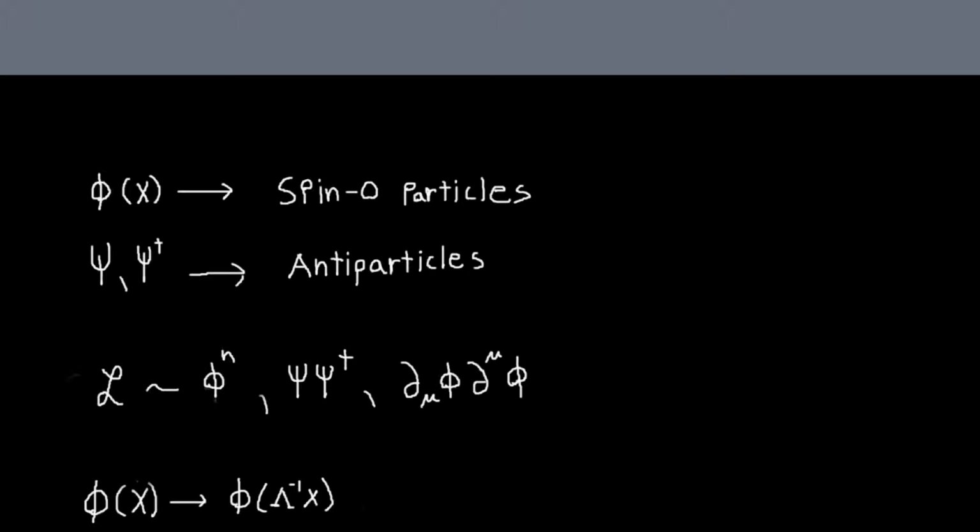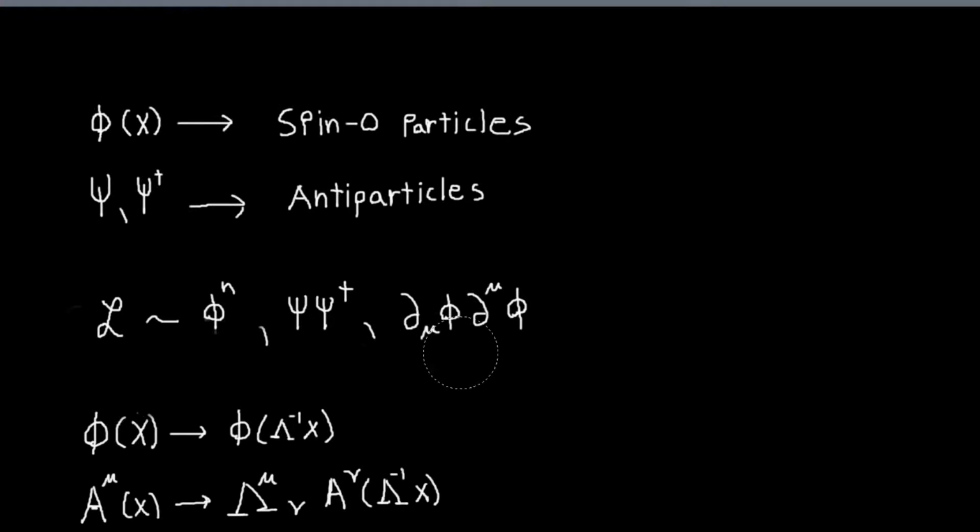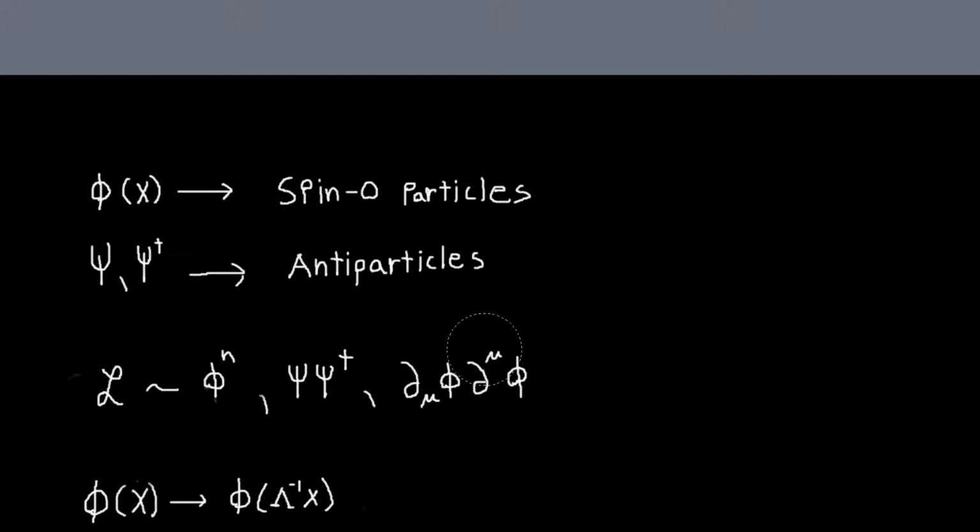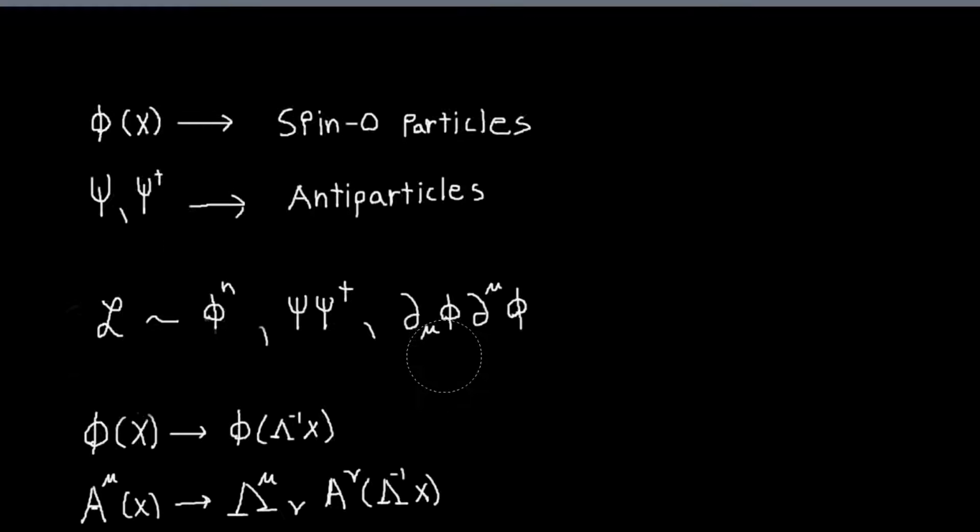And then similarly with the complex scalar fields, although we usually have psi and psi dagger, it's always paired. And we've even seen vector fields, usually in the form of these derivatives, and those transform in a slightly more complicated way.